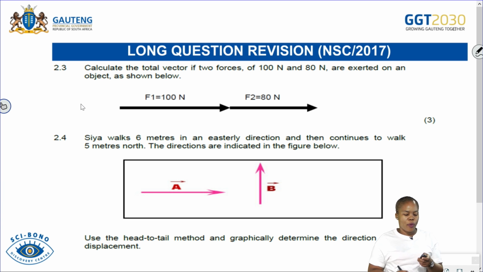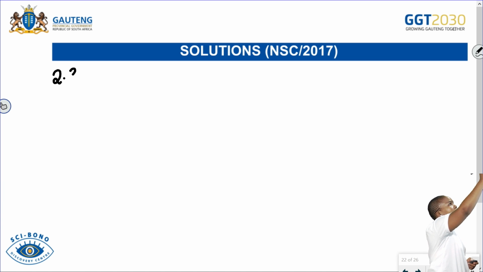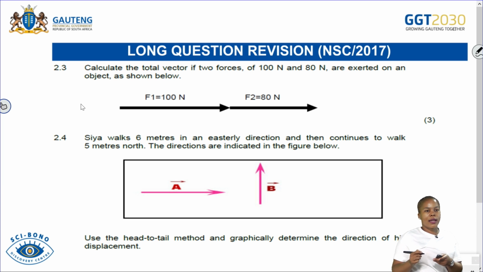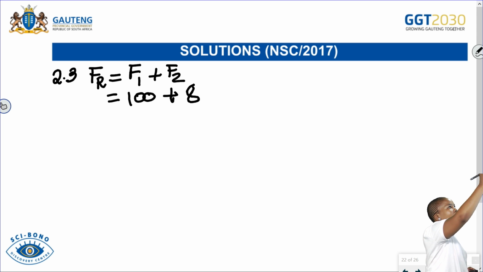Okay, so for 2.3, your FR is F1 plus F2. Your F1, let's go slightly back, 100 newtons and 80. So I've got 100 newtons plus 80 newtons.